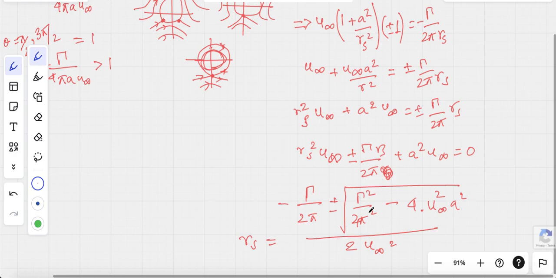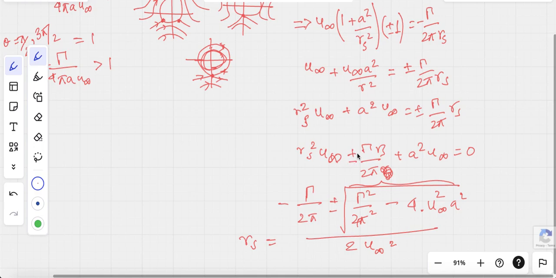So this is positive only when this is positive. This value is always less than this value, so this cannot be negative.